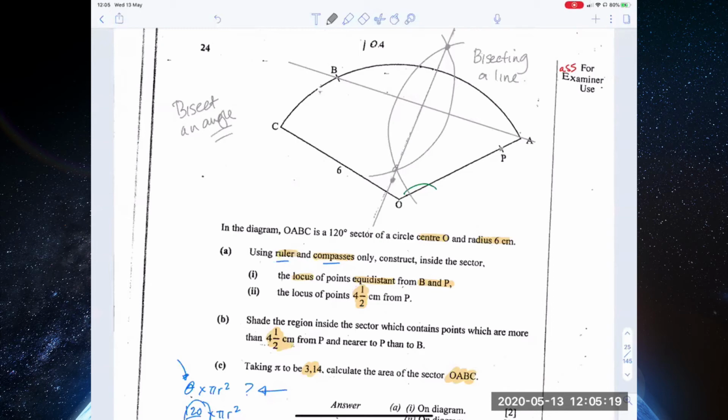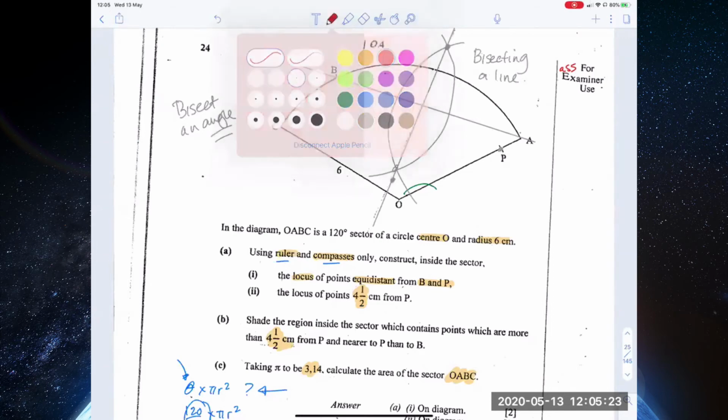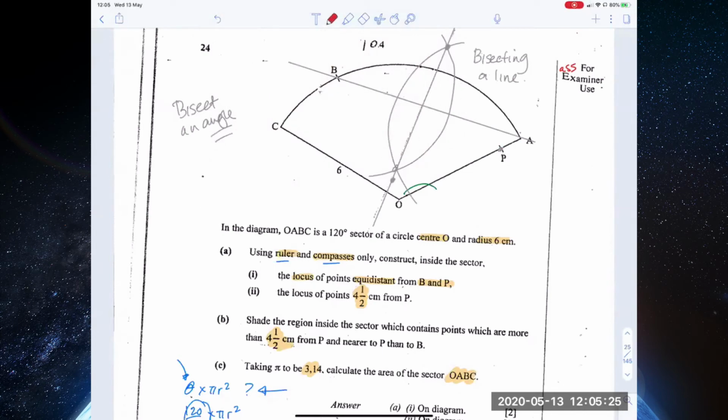So let's say from P here, let me change to red, let's say 4 centimeters. In fact, I'll just pretend, I'm going to draw a circle like this, and then maybe move it so that P is in the middle, so that the radius is about 4.5 centimeters.